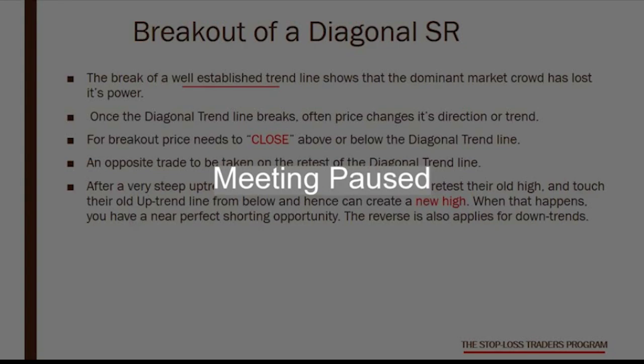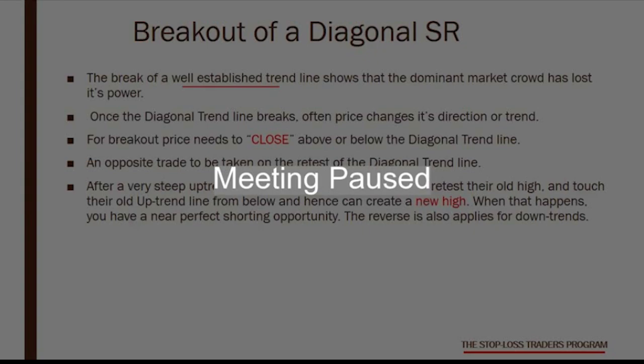diagonal in nature, right? So while price is falling down, if you connect highs, you get a diagonal trend line or diagonal resistance line where price has been resisted a couple of times. Similarly, when price is moving up, you connect two supports or two lows and draw a diagonal line.